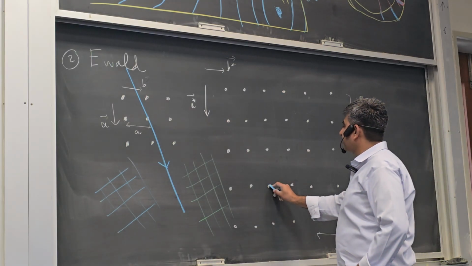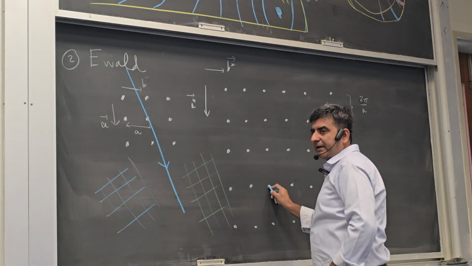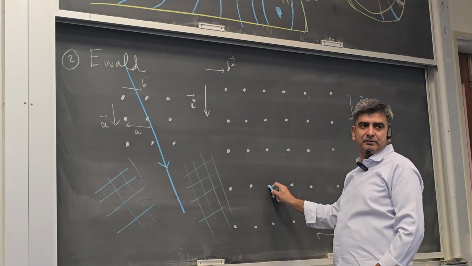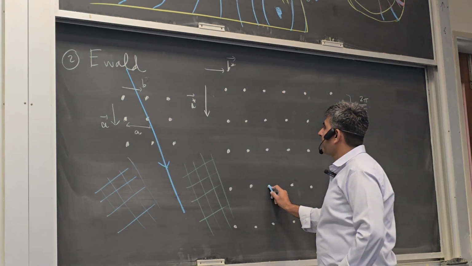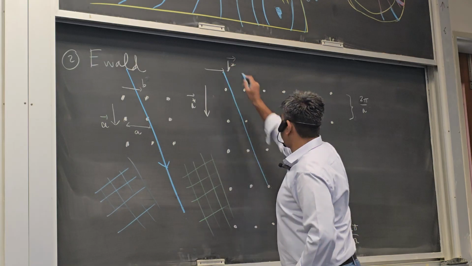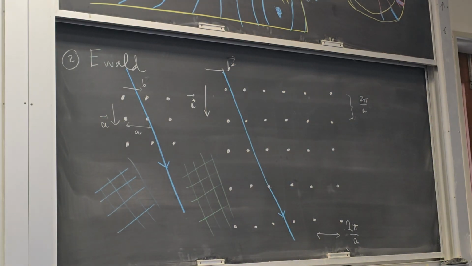I take this direction and just draw a line parallel to this and make it go through any one point in the reciprocal lattice. So this is the X-ray direction.